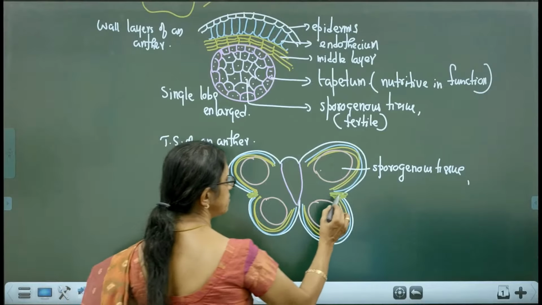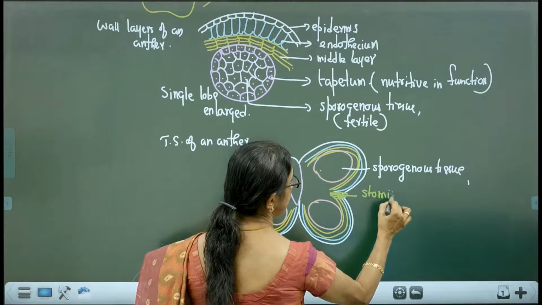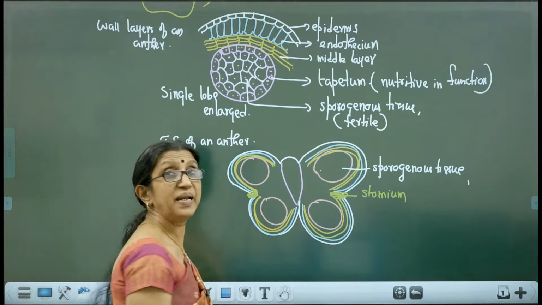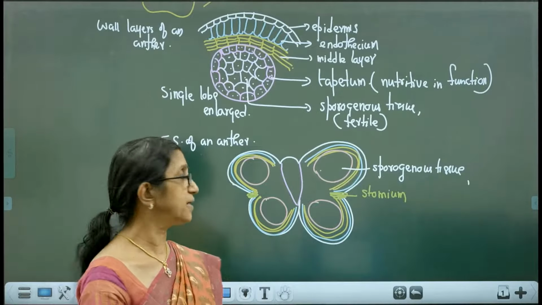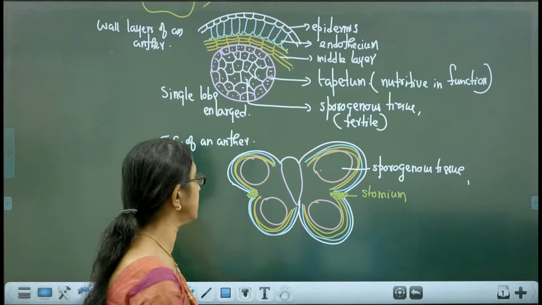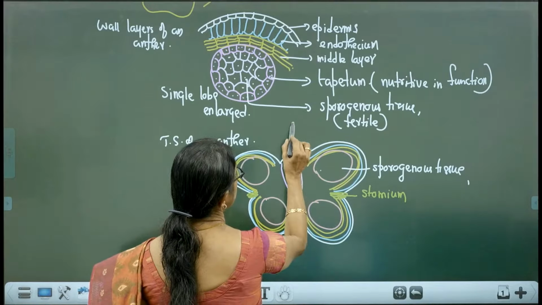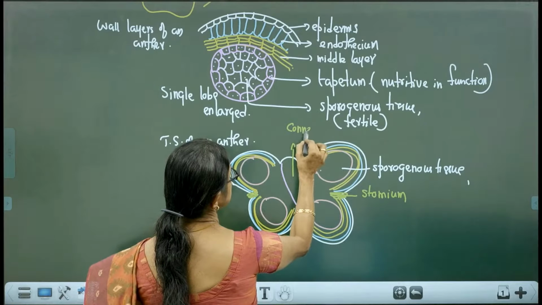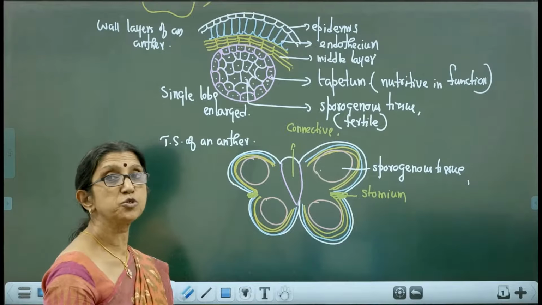So this is the position of the thin-walled cells called stomium, where the anther breaks to release the pollen grains on maturity. Okay, so this is the sectional view of a developing anther, and this is the sterile tissue that is called a connective, which connects the two anther lobes together.